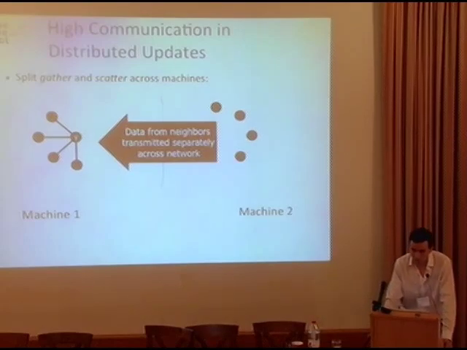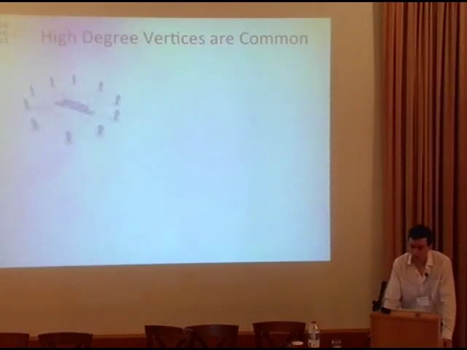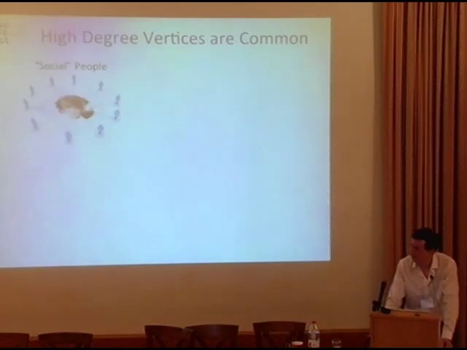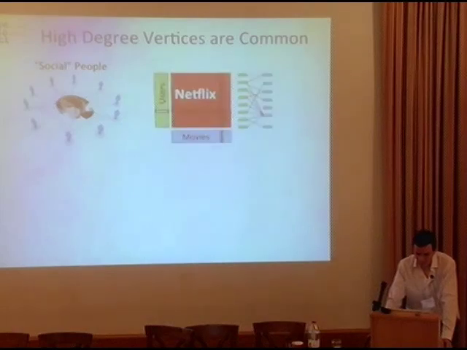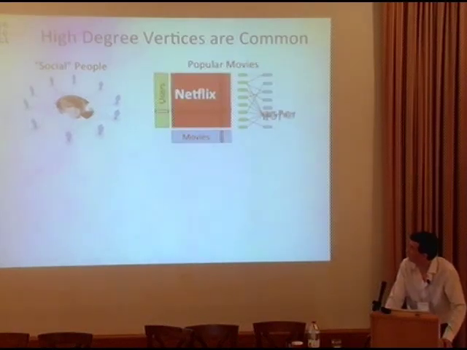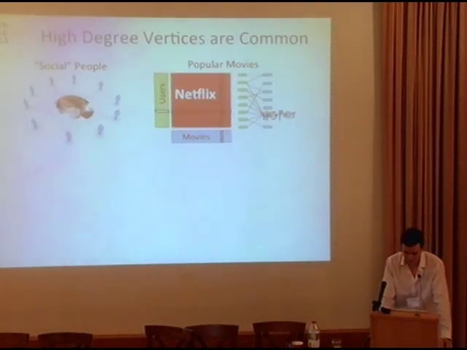And this issue of high degree, which was hurting us, is present quite ubiquitously. In social networks, you have some people who are very popular and connected to a lot of others. In Netflix, you have some movies which are very popular, and a lot of people have rated them.